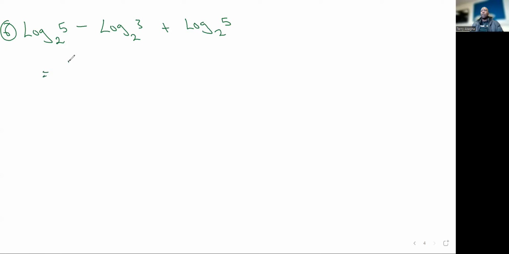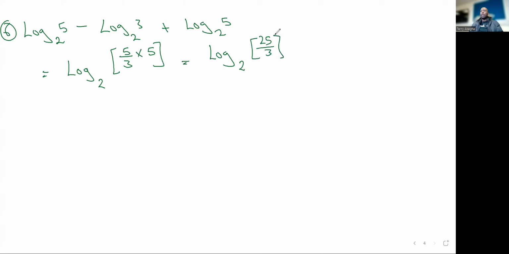That will be equal to log to base 2 of 5 divided by 3 multiplied by 5. Are you seeing it? This is the division law, and this is the product law. And this is going to give you log to base 2 of 25 over 3.